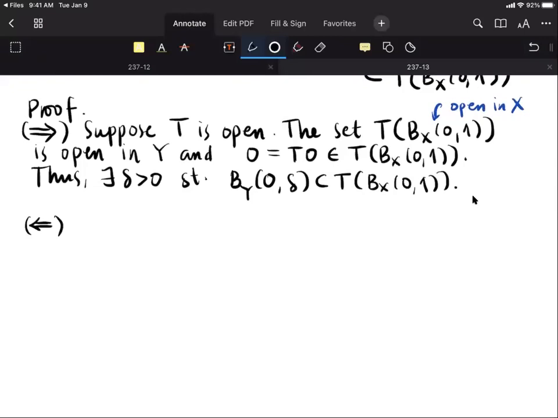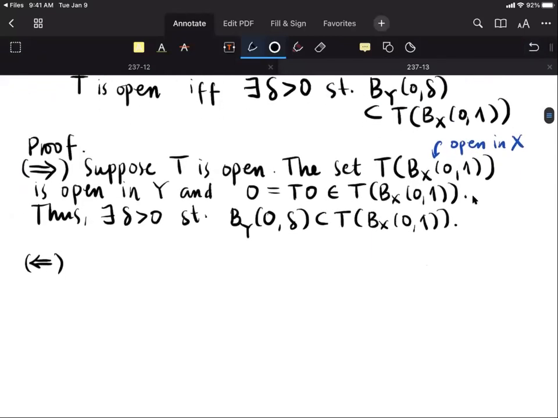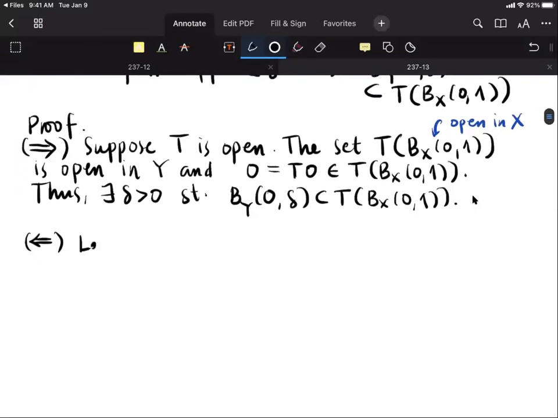So here, suppose that we have this condition. To show that T is open, let us consider O to be an open set.